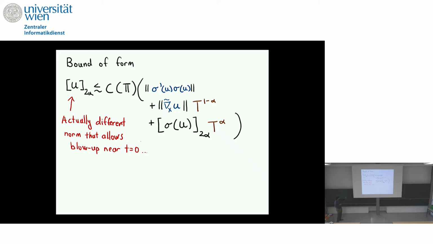But here, the bound that you see is that you have control over the solution in 2 alpha. And the way to think about it is that the last term is a reconstruction term, okay? And the other 2 terms are related to things that differ between the reconstruction bound and what I put in the Schauder estimate.